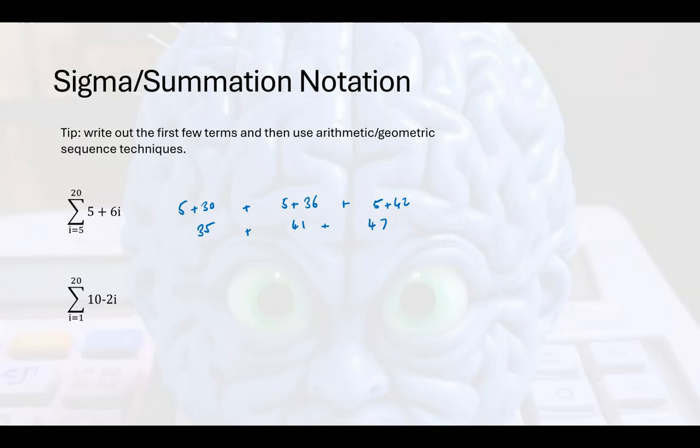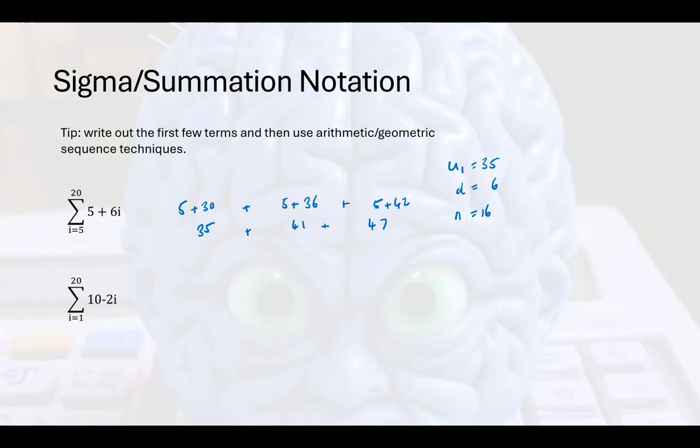B, we've got an arithmetic sequence where u1 equals 35, d equals 6. And how many terms are there? This is quite easy to stuff up. It's actually going to be, so i equals 5, 6, 7, 8, 9, 10. That was 6 terms, plus another 10 to get to 20. So n equals 16 in this case.